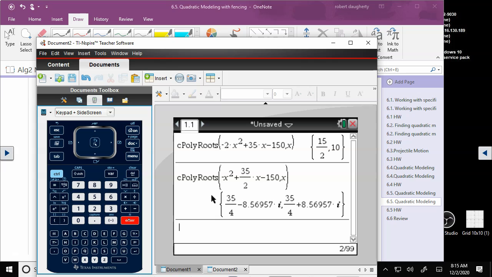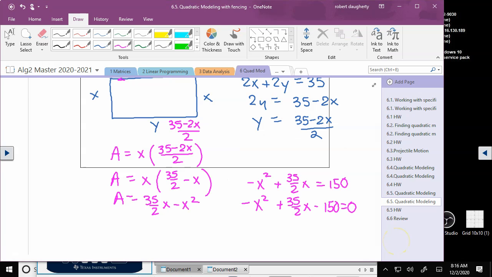And what kind of numbers am I getting there? Okay, I'm getting complex numbers here. So when I see this, complex numbers, can the side of one of these patios be a complex number? Okay, in this case, there are no real solutions here.